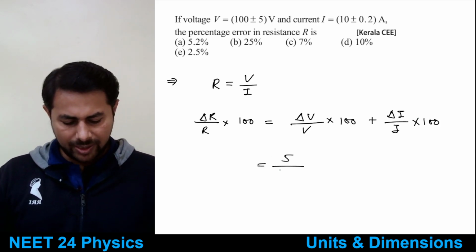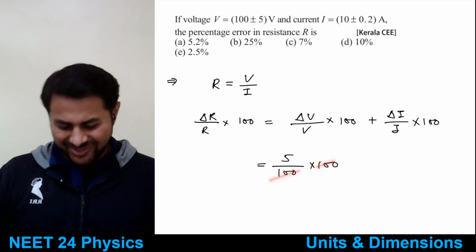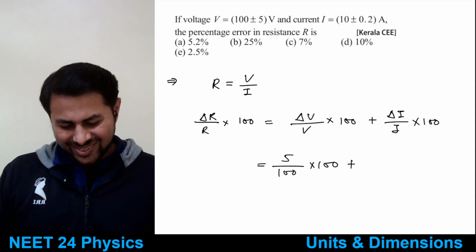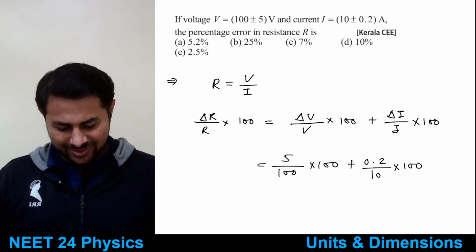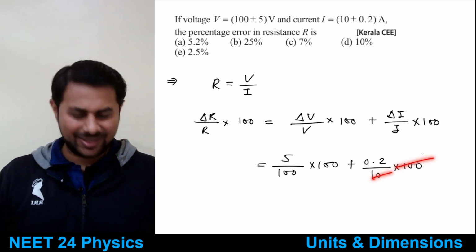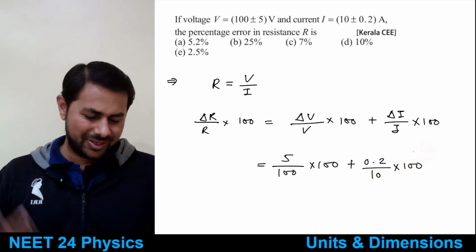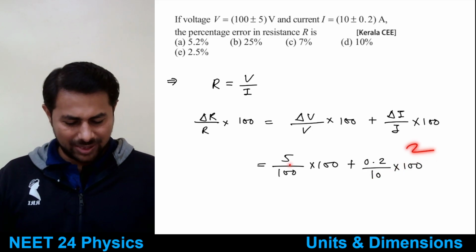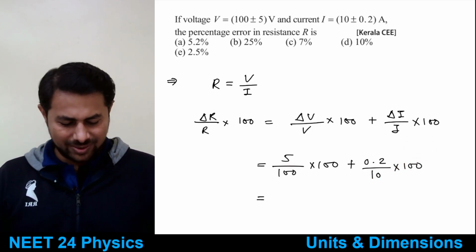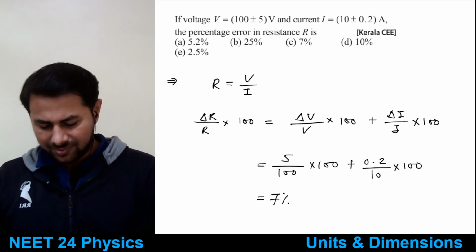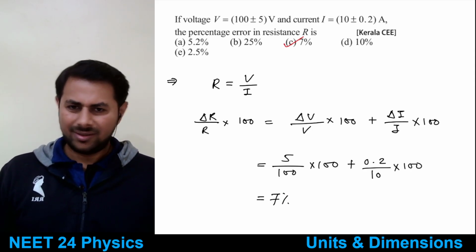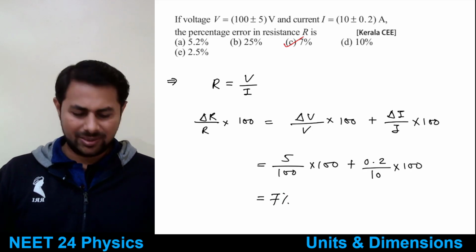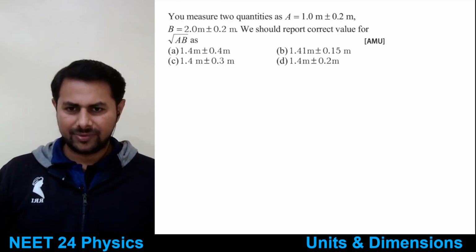So that's 5 by 100 times 100. That's very good. 100 gets cancelled out. Okay, plus 0.2 by 10 into 100, even that is good. So 100 by 10 is 10. 10 times 0.2 is 2. This was 5, that is 2, so 7%. Right, option C. Good, 7%. Very simple. Let's see the next one.